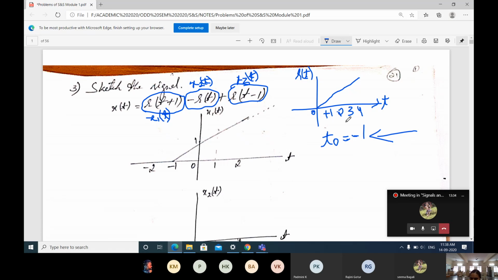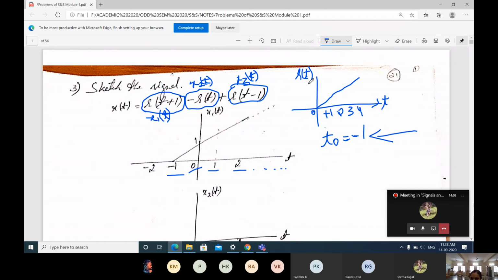So we add this minus 1 to each time value. If I add minus 1 to 0, I get minus 1. 1 minus 1 is 0, 2 minus 1 is 1, 3 minus 1 is 2, and so on for further time values.